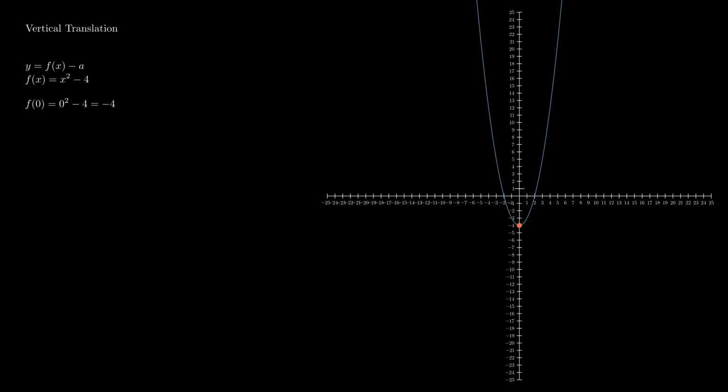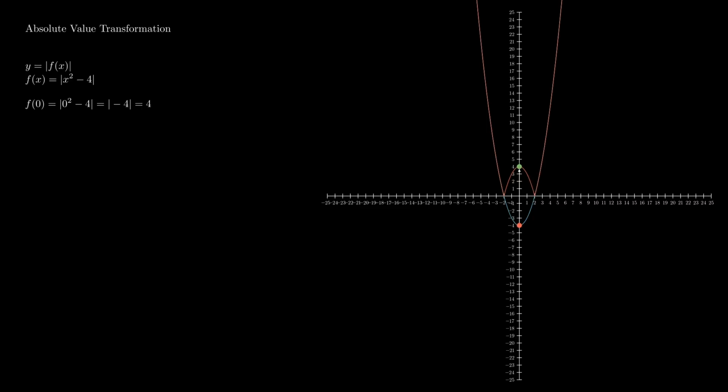Okay, now if we apply the absolute value transformation, we take the absolute value of f of x. F of x is x squared minus 4, and if we take its absolute value, instead of having negative 4, the absolute value transforms it to 4. So f of 0 becomes 4 instead of negative 4.